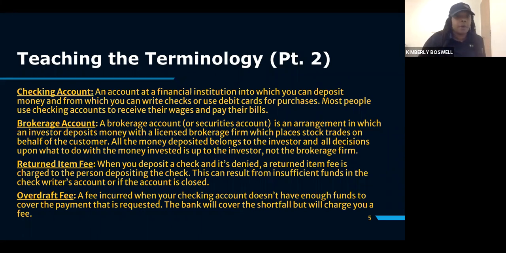Now, a third type of account is a brokerage account. Whereas with a savings account or a checking account, the bank uses that money again in that borrowing and lending cycle to finance loans, for your brokerage account, this money is used to fuel investments.